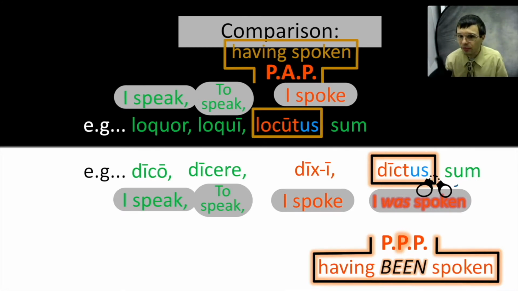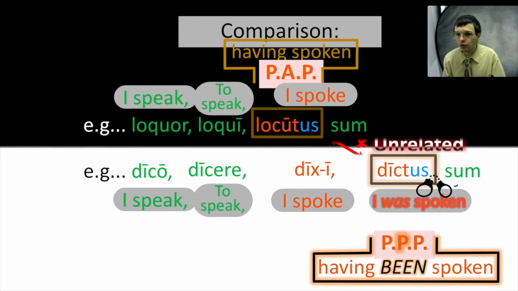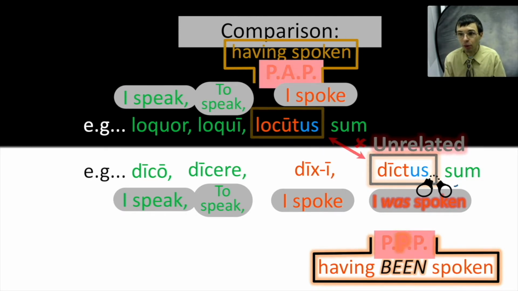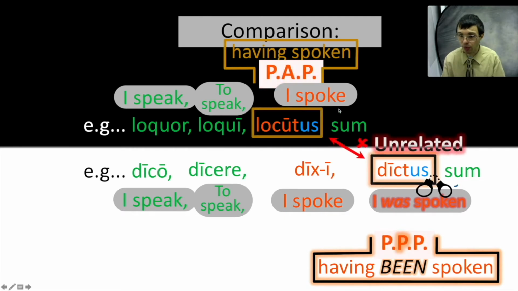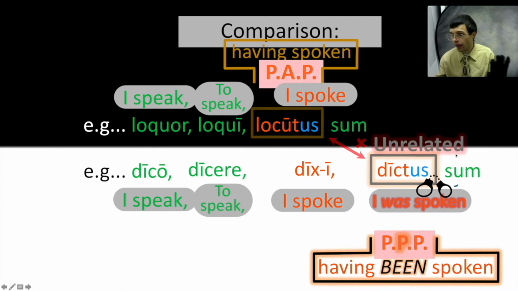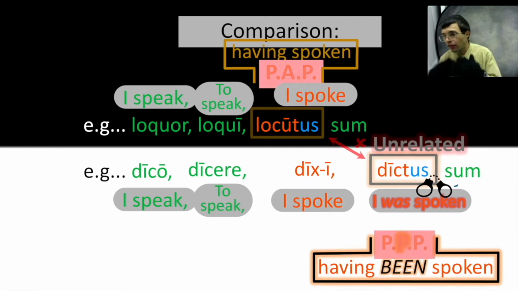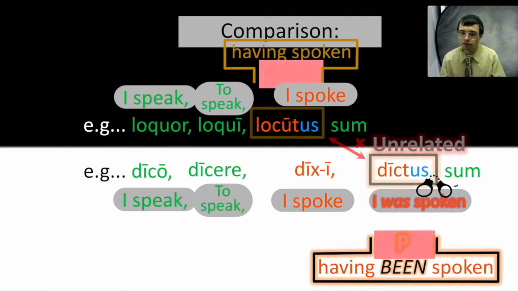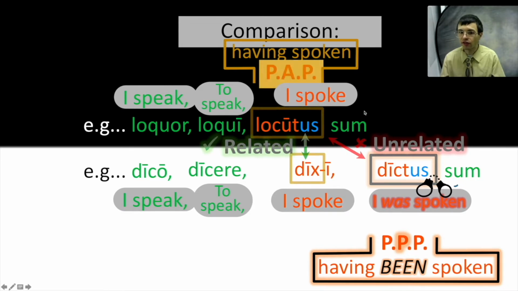Okay, so what this means is that although locutus sum and dictus sum look the same, and they both are participles, and they both have some form of sum tacked onto them, yet do not think of them as related. They are not the same thing. Rather, think of the participle locutus and the perfect stem as related.